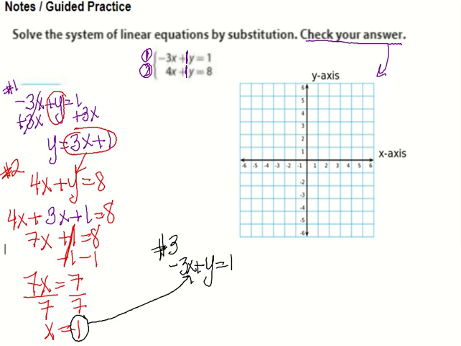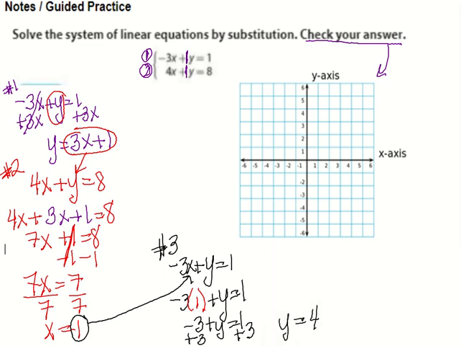So I'm going to change all my x's to 1. It would look like this. Negative 3, again, I'm going to change the color so it matches the color from over there. Substitute in my 1 plus y equals 1. So negative 3 times 1 is negative 3 plus y equals 1. I add 3 to both sides, and we get y equals 4.